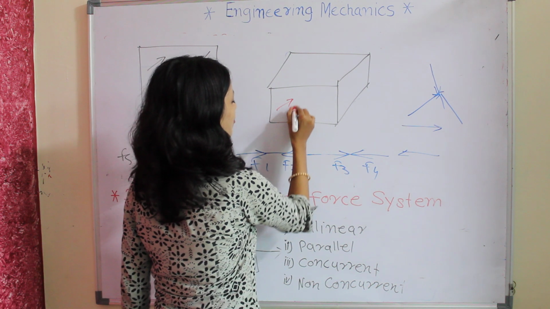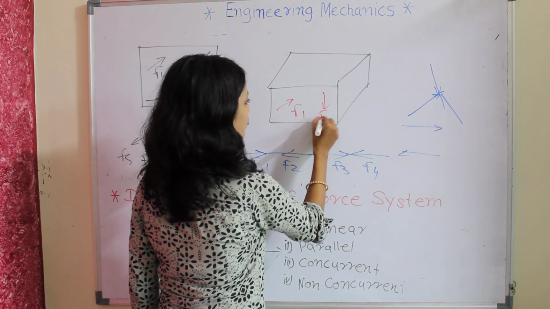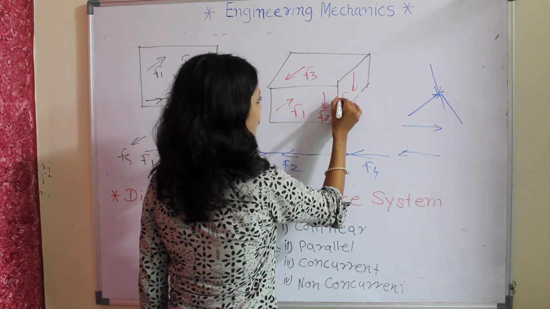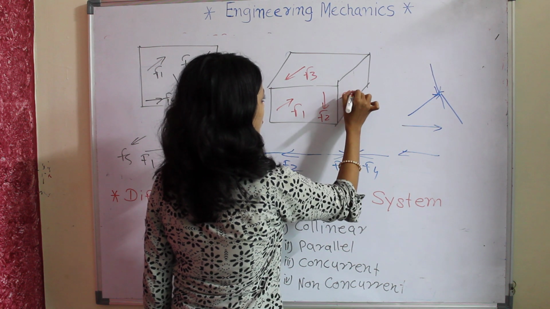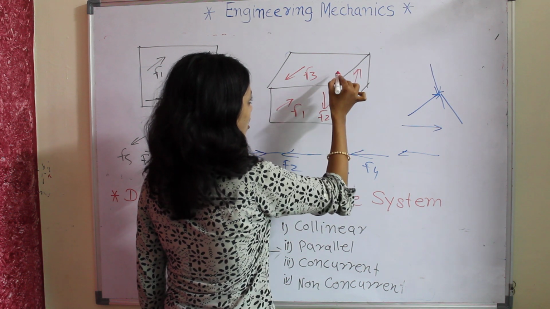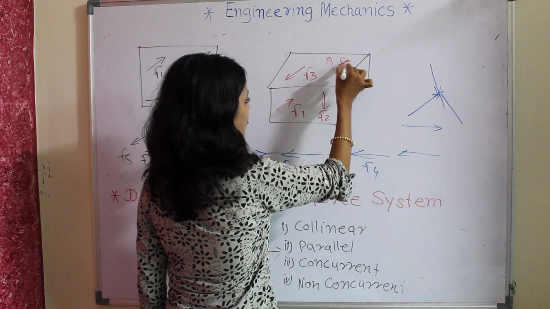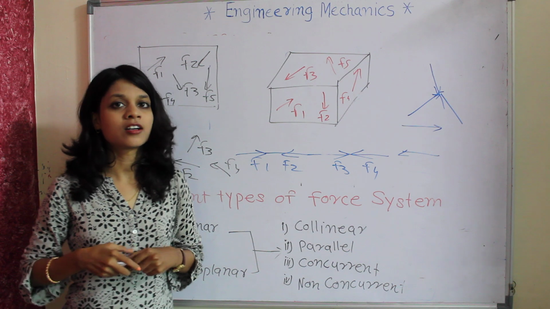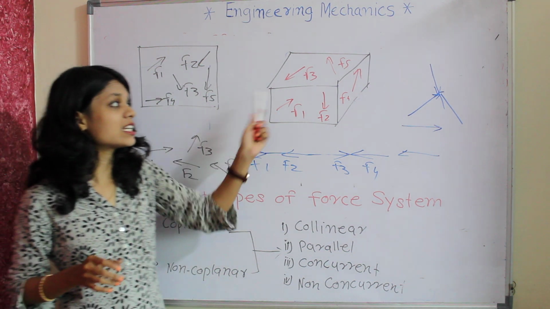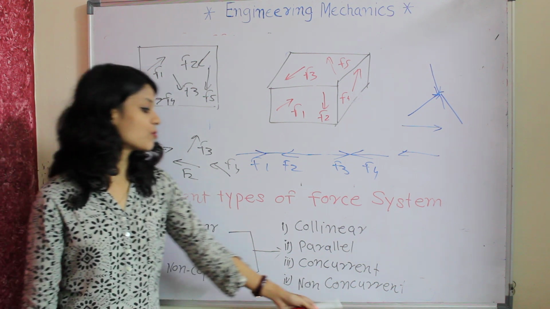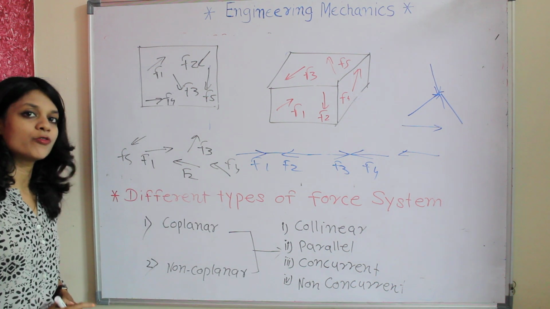Forces F1, F2, F3, F4, and F5 at that side. These forces do not pass through a single point and do not lie in the same plane, so they are called non-concurrent, non-coplanar forces.